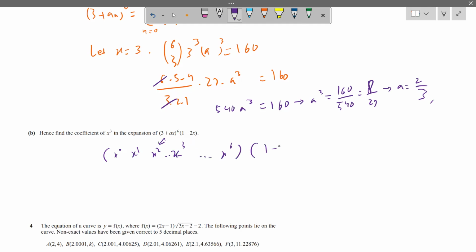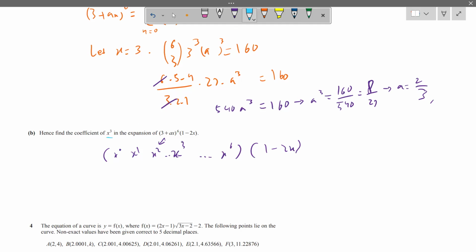And then you have 1 minus 2x. To find the coefficient of x cubed alone, you have to notice that when you multiply this expression using the FOIL method, you're going to have a combination of terms. So how do you get x cubed?